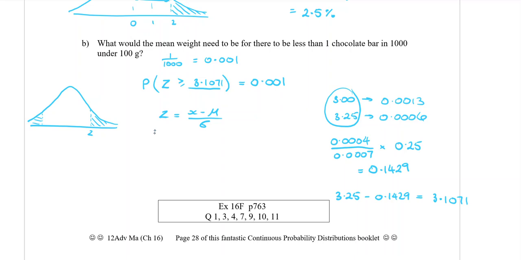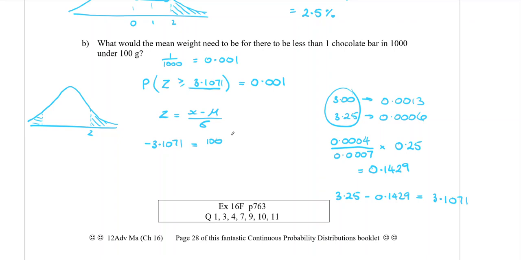So my z-score, let's sub in, is, now wait a second, I changed that to be greater than 3.1071, but on my graph, what is my actual value for my question? It was negative. So I need to change that to be negative 3.1071 is equal to, what is the mass of my chocolate bar, the x, going to be? 100, because that's what we're telling everybody it is.